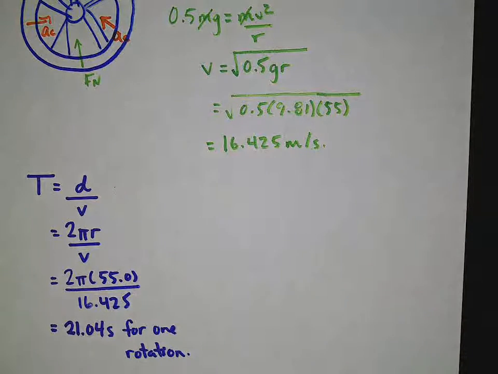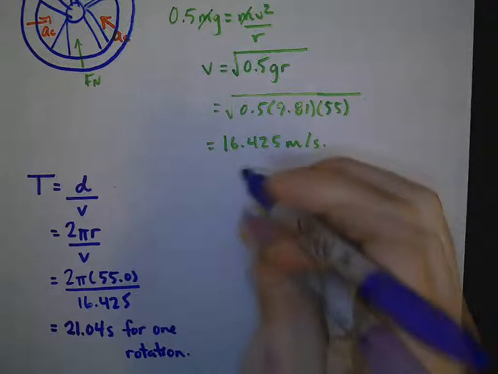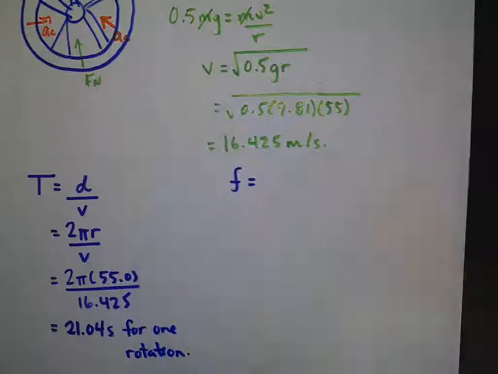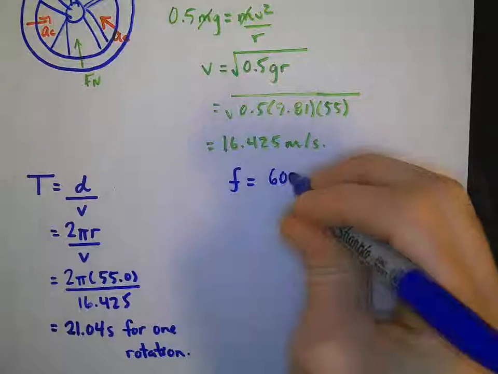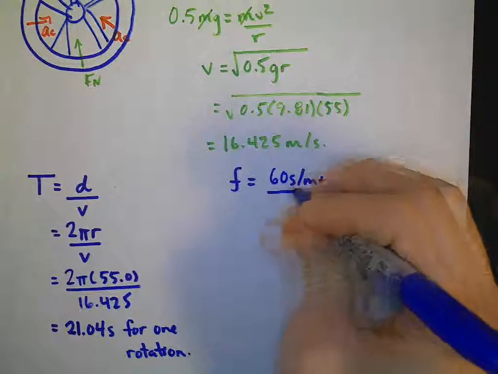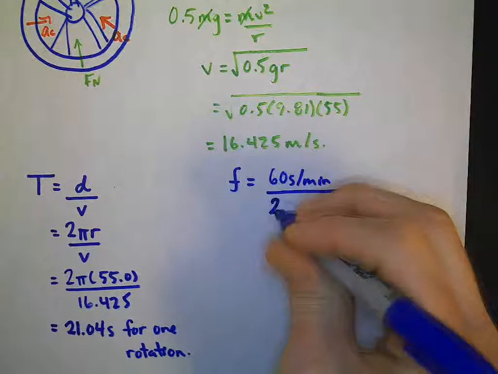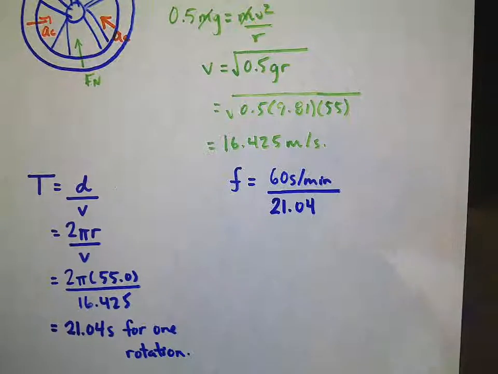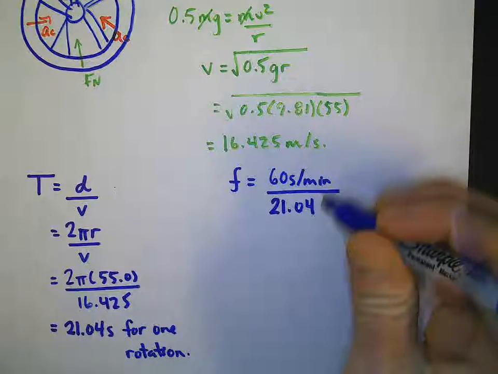But how many times per minute? So our frequency, which we know is 60 seconds per minute, we can take that 60 seconds and put it over the amount of time it takes to complete one rotation, 21.04 seconds.